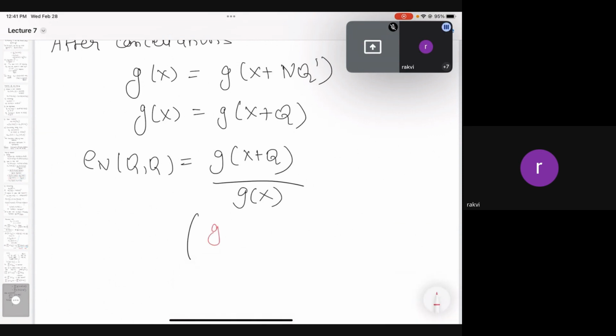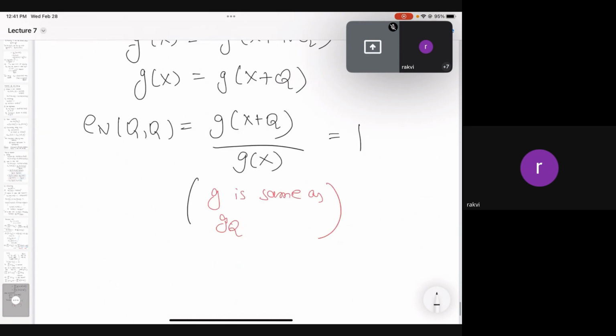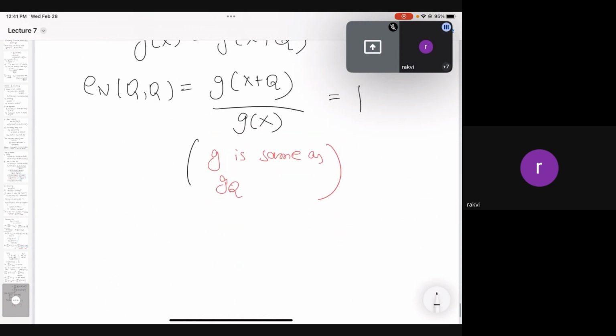G is the same as writing g_q. The construction always depends on q. So okay, this is that. And now we just showed it's equal to one. And now we already saw that this implies that if we switch variables, then we get multiplicative inverses.